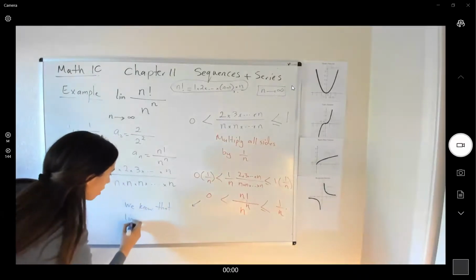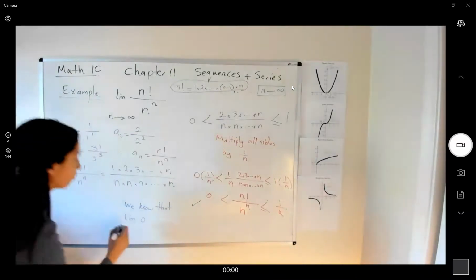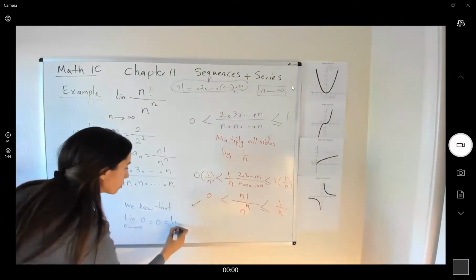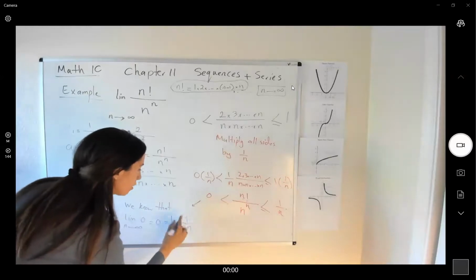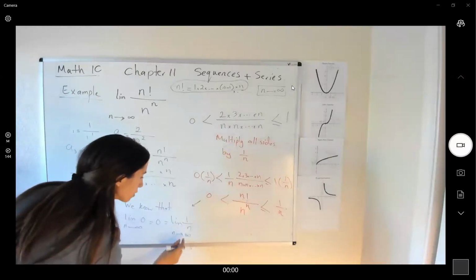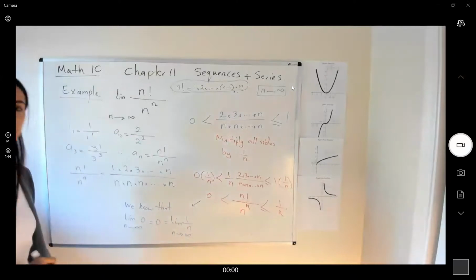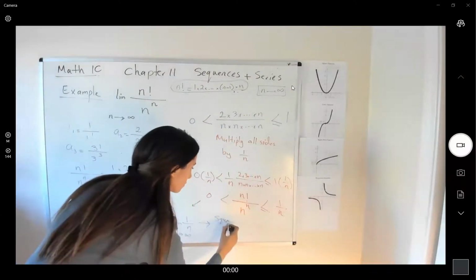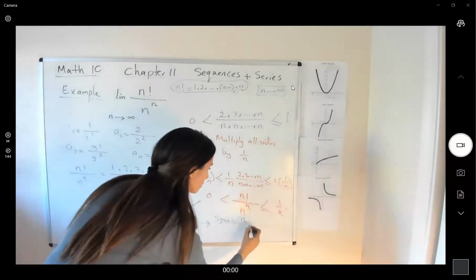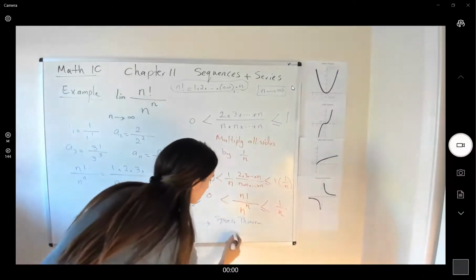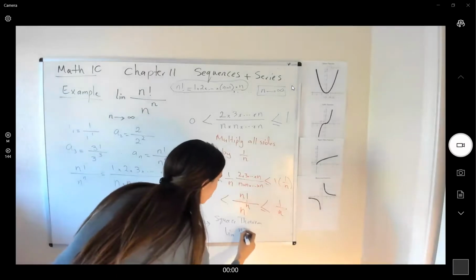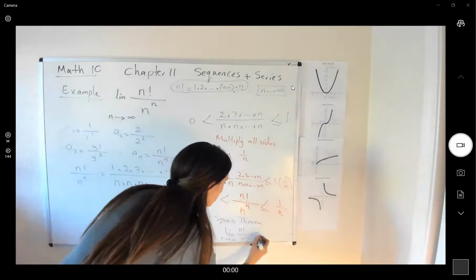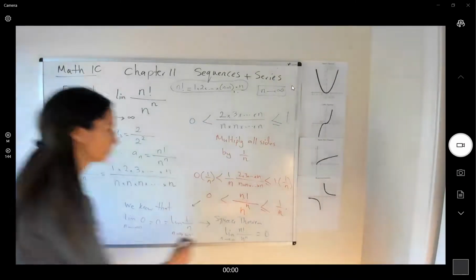The limit of 0 while n goes to infinity is 0, and it is equal to the limit of 1 over n while n goes to infinity. So, the squeeze theorem says the limit of n factorial divided by n to the n while n goes to infinity must be 0.